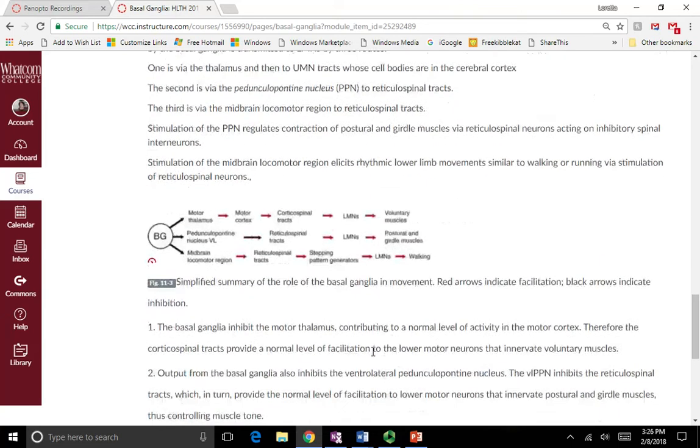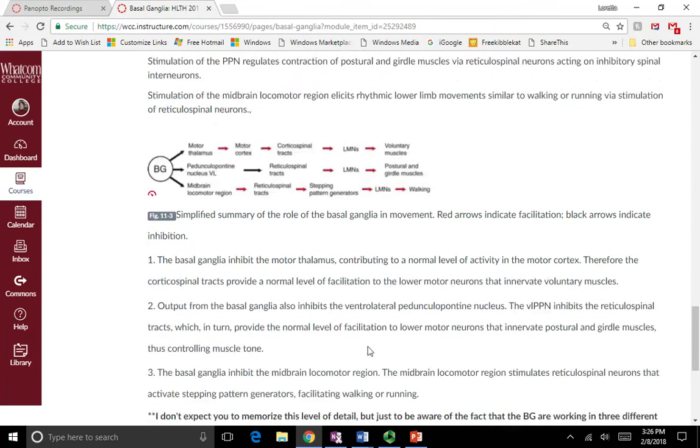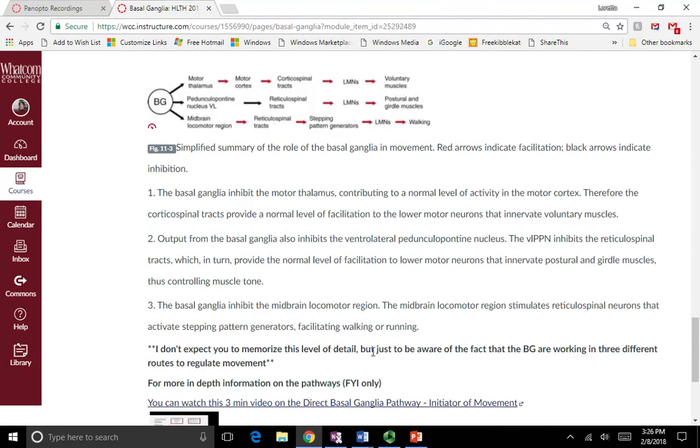There's a chart on page 235 in the book that shows the three pathways of the basal ganglia's influence on motor situations. Again, I don't want you to memorize this, but in this diagram, the black arrows are inhibitory influences and the red arrows are excitatory influences.